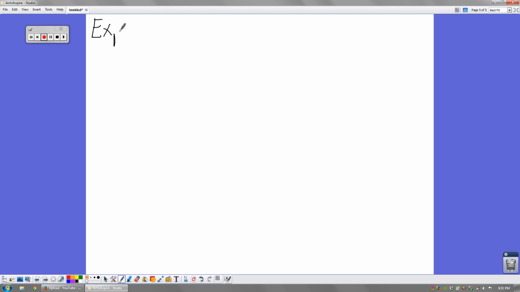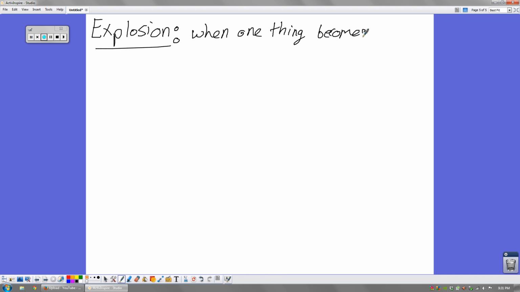So, let's now talk about the opposite of a collision: an explosion. An explosion we are defining as when one thing becomes many things. Examples. This would be firing a gun.